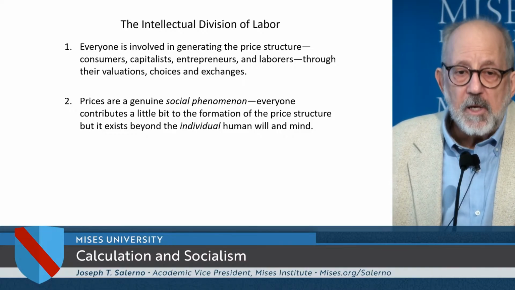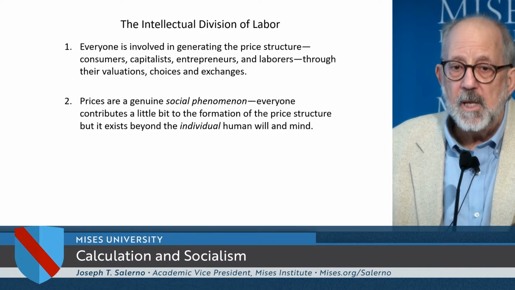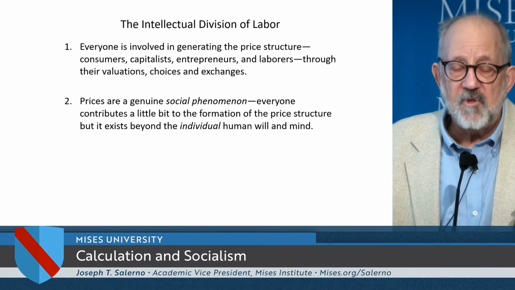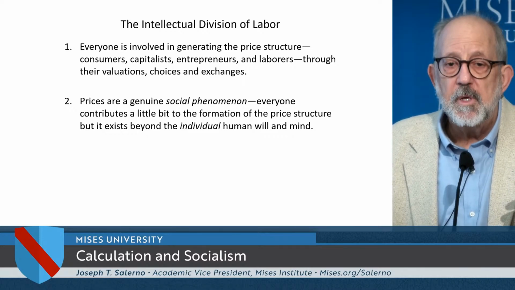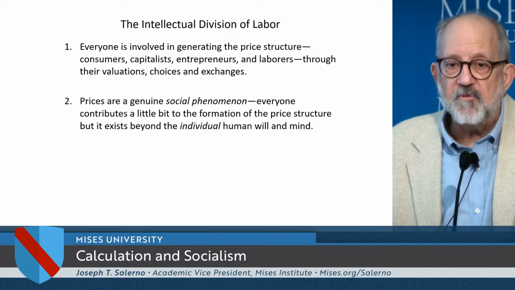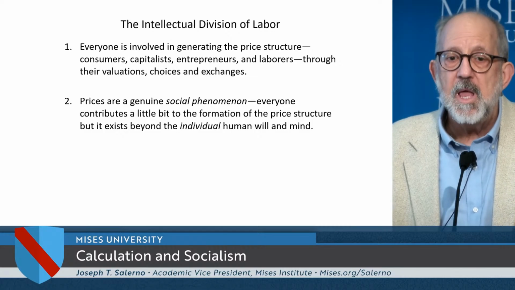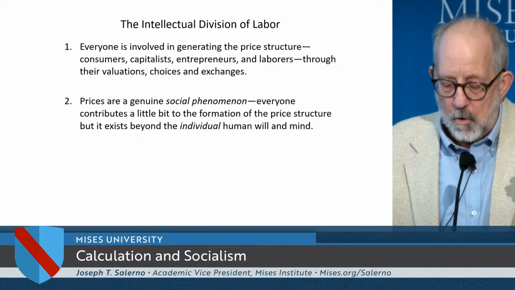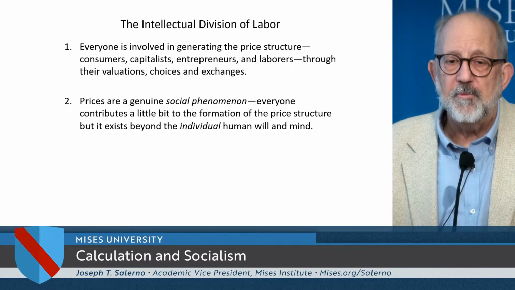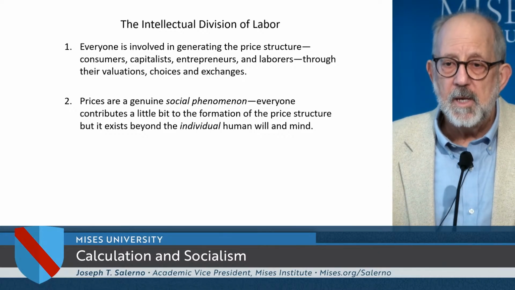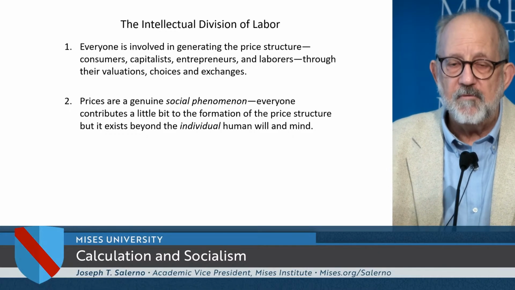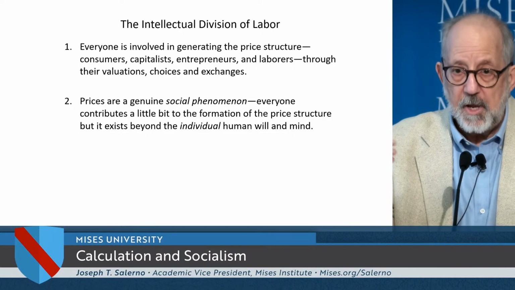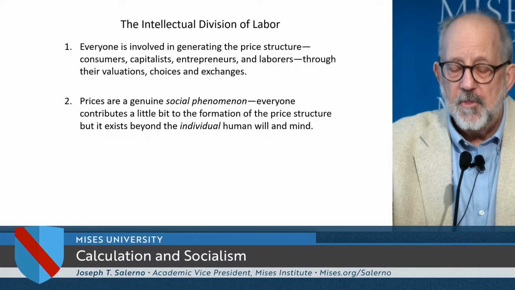Each of us contributes a bit to its production in our choices about what to buy and what not to buy, where to work, where not to work, and so on. But none of us can create a price structure in our own minds, okay? It requires an intellectual division of labor, and that has nothing to do with dispersed knowledge, okay? It has to do with the fact that people have different wills and different values and are interacting in a way that generates, through voluntary exchange, the price structure.